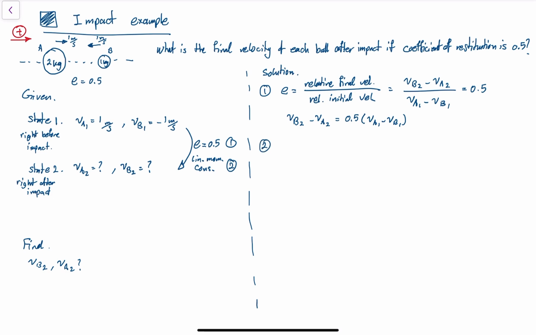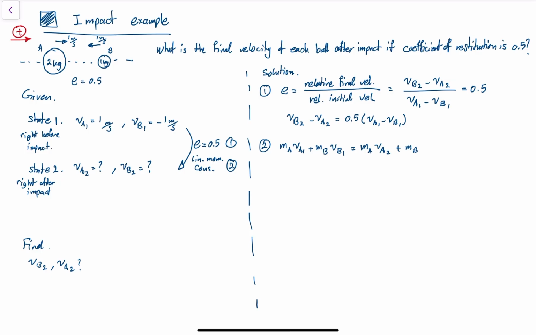And the other known information about the transition is conservation of linear momentum. So MA VA1 plus MB VB1 equals MA VA2 plus MB VB2.